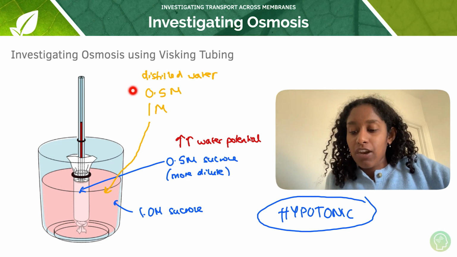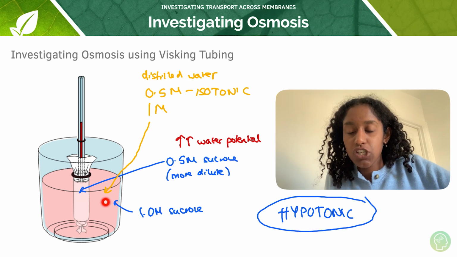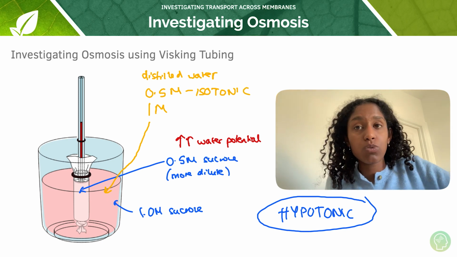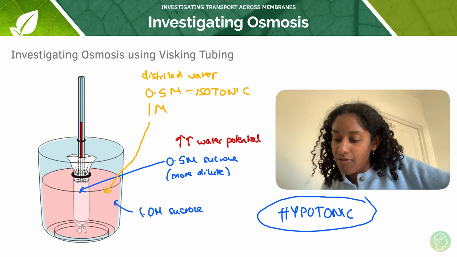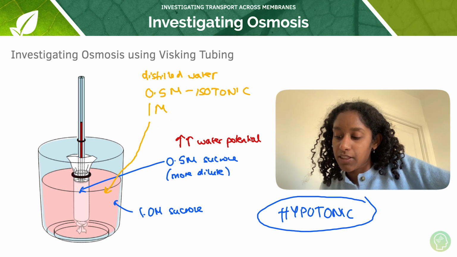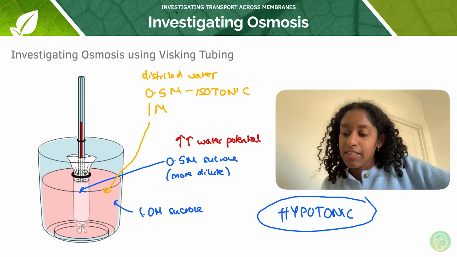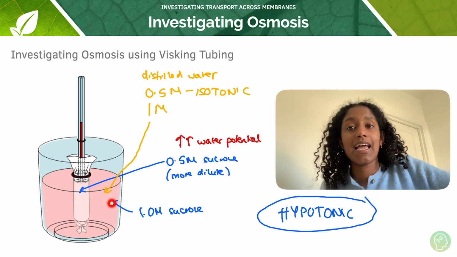If we have an isotonic solution between the inside and the outside of the Visking tubing, we're not going to have any movement of water in or out of the tubing. And then if we have our 1 molar of sucrose outside the tubing, it means that the solution inside the tubing is hypotonic, or has a higher water potential compared to the outside.